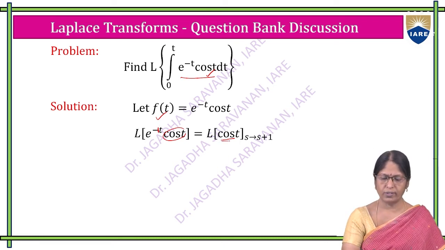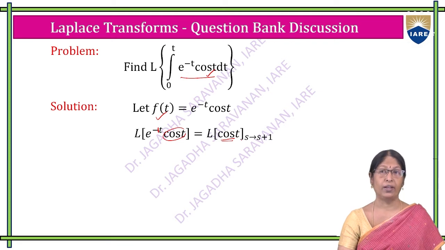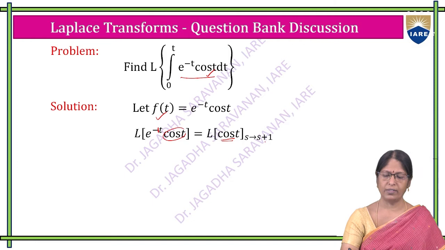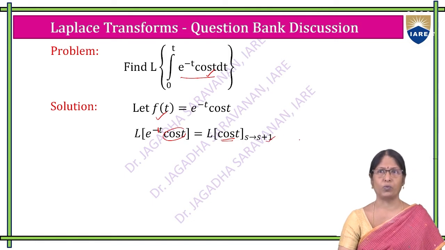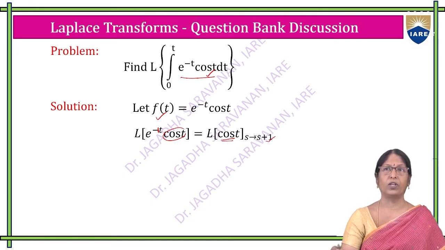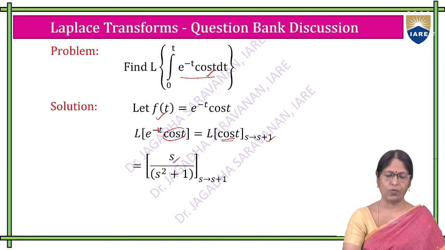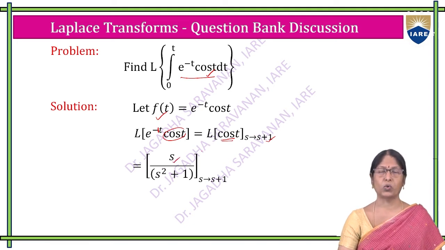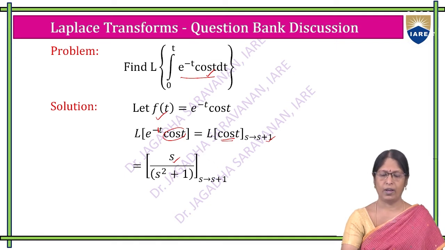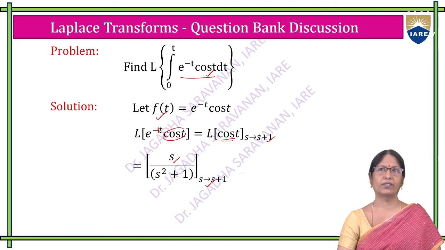So what is the result we are going to obtain after applying L of cos t? s is replaced by s plus 1. Just the opposite will be taken. L of cos t, this is the formula, s by s square plus a square. Our a is 1. In this particular place, s is replaced by s plus 1.